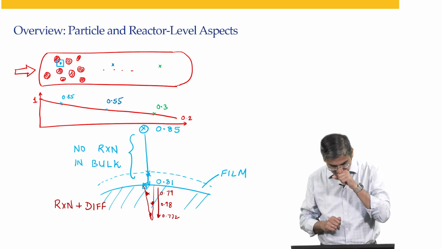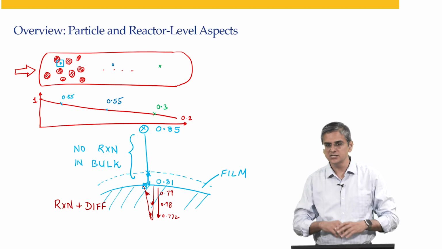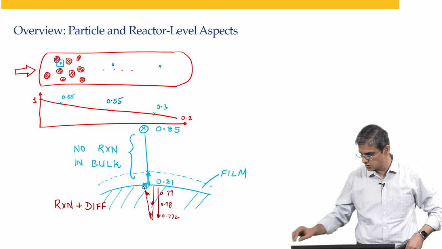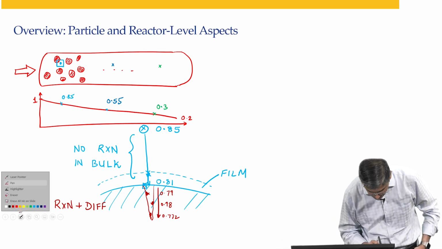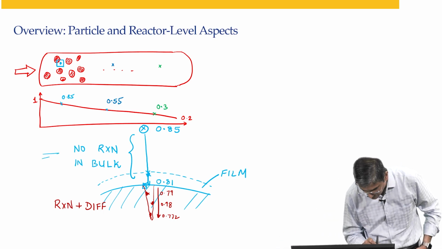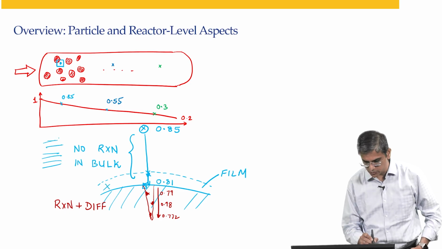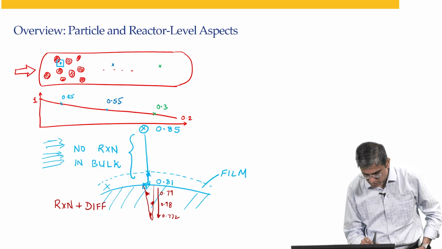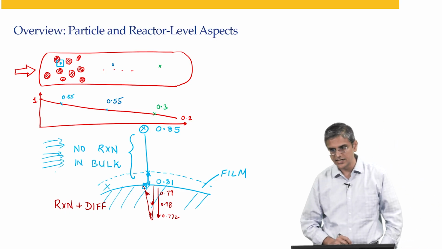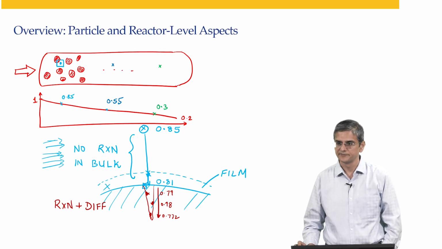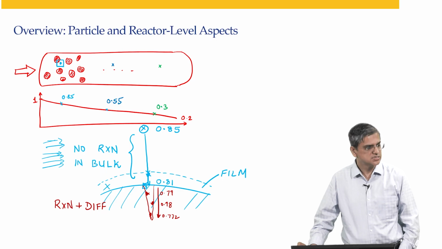Okay. The final thing that we are going to assume in the bulk is whatever convection and all that is there, that convection is going to take place over here, it is not going to take place within what is called the film or the boundary layer. Is it true?